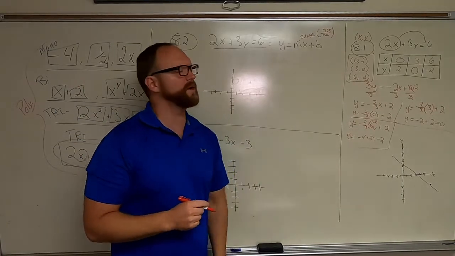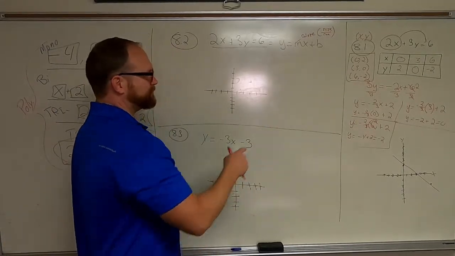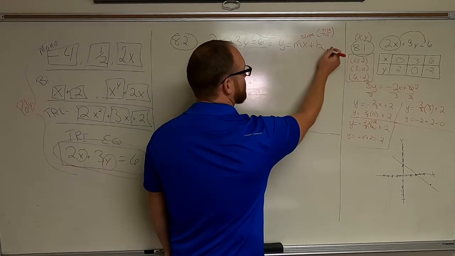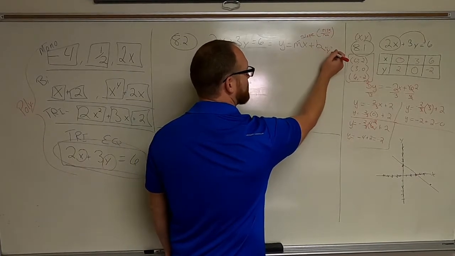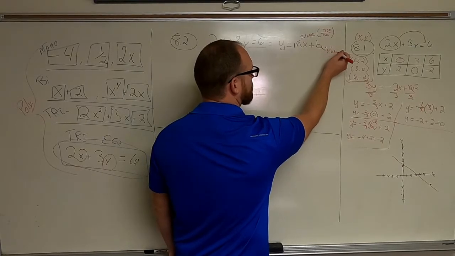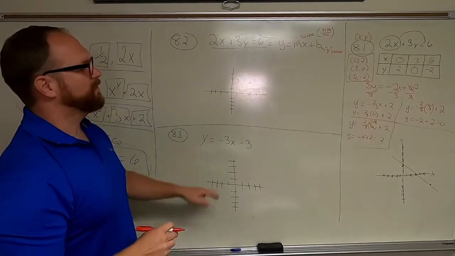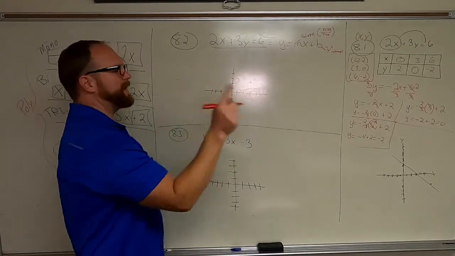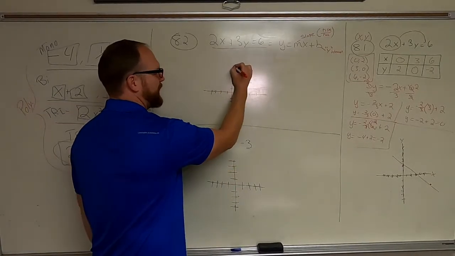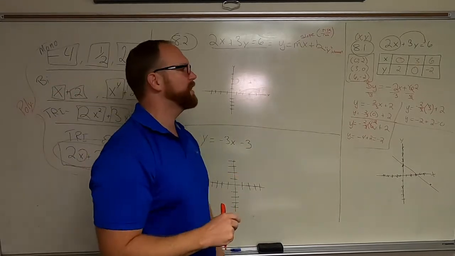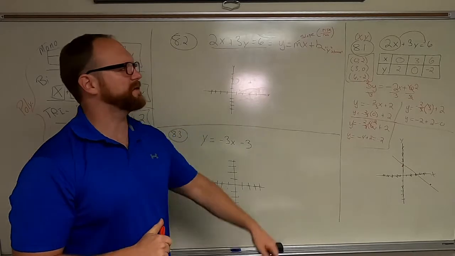We're always moving toward the right. So m is our slope, our rise over our run. B is what we call the y-intercept. And what do we mean by y-intercept? Y-intercept is wherever that line crosses the y-axis. That's where it intercepts, that's where it crosses the y. So pretty easy to understand there.